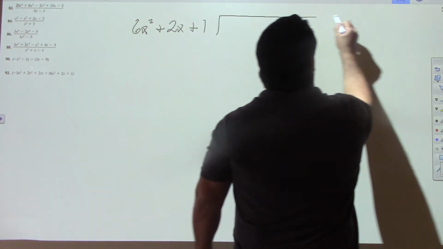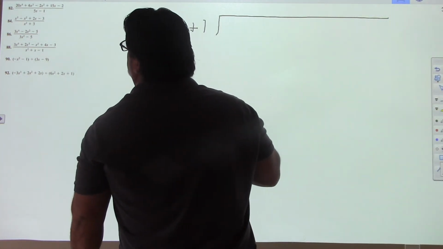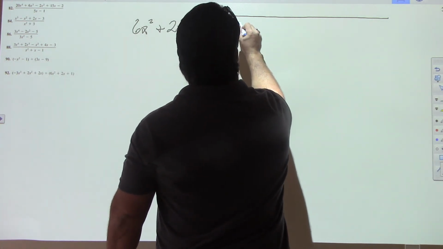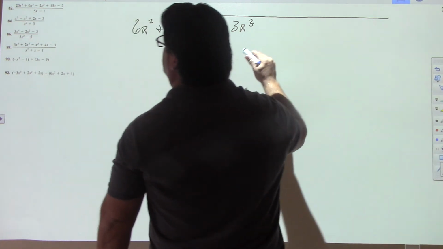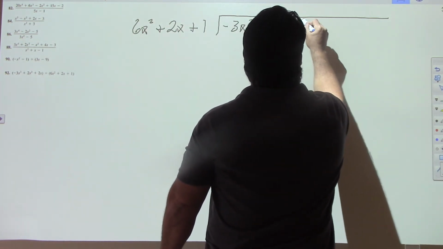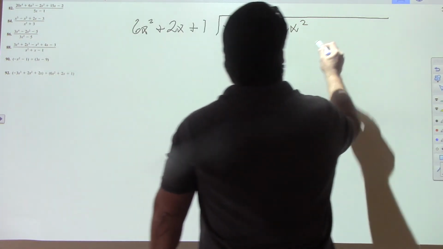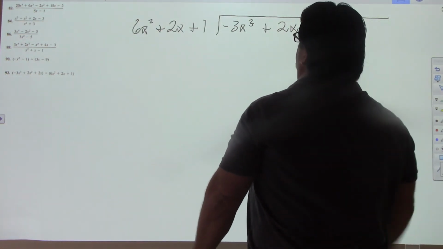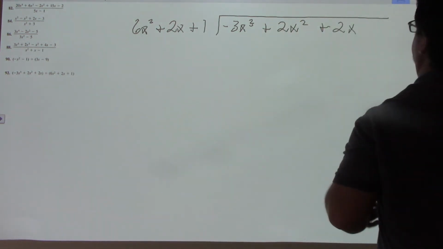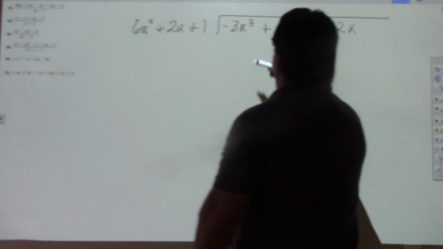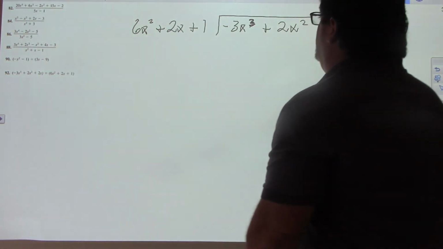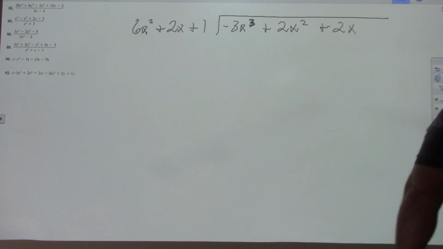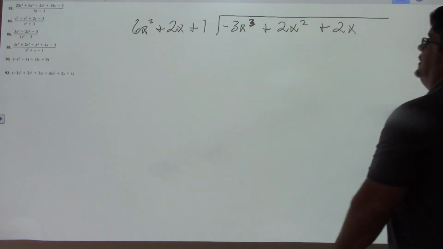Into negative 3x cubed plus 2x squared plus 2x. Looks like everything's there too. You could put a plus 0 here if you wanted to because of that 1, but it's not a big deal.